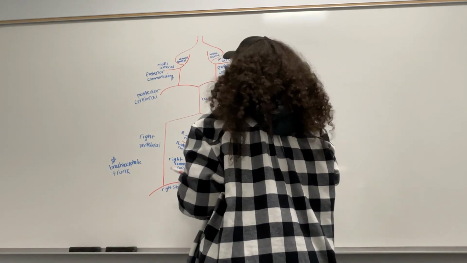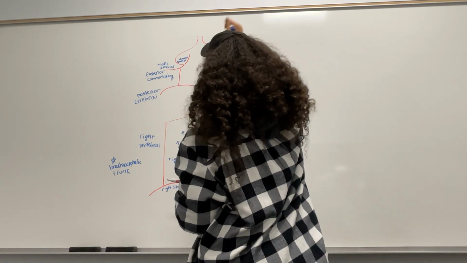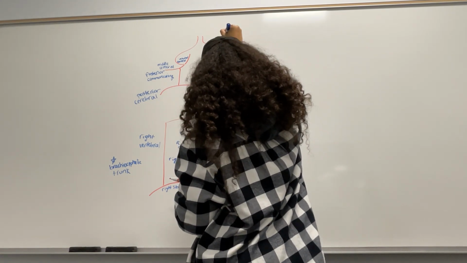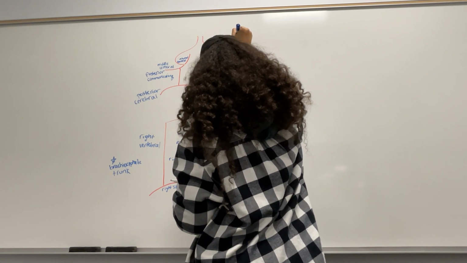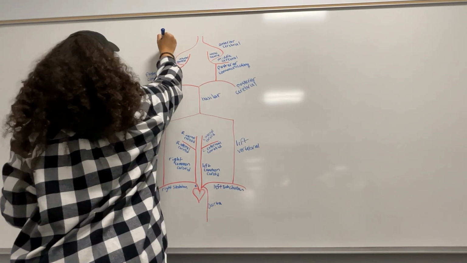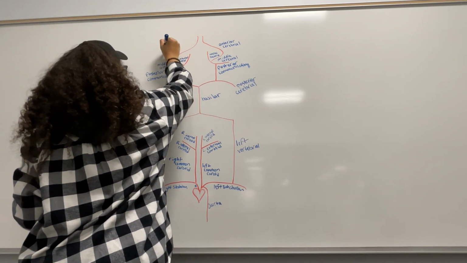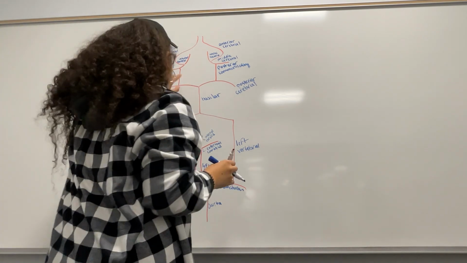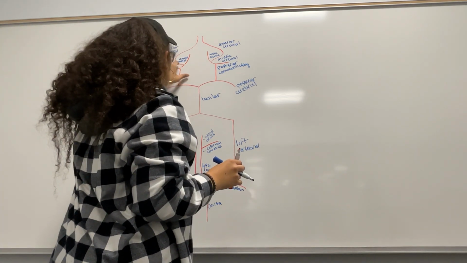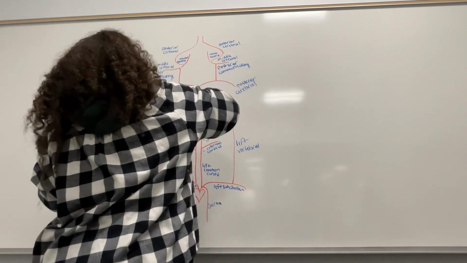Now coming off of this, we have the anterior cerebral. So we have the posterior cerebral, middle cerebral, and the anterior cerebral. And that's the same on both sides. So this is also the anterior cerebral. And the anterior cerebral starts right off of here, going all the way up to the top of the structure I've drawn.